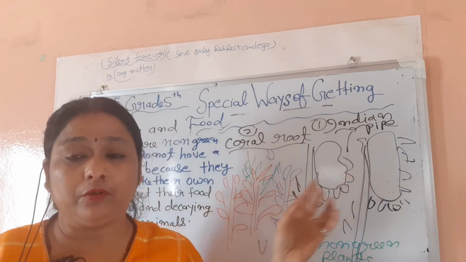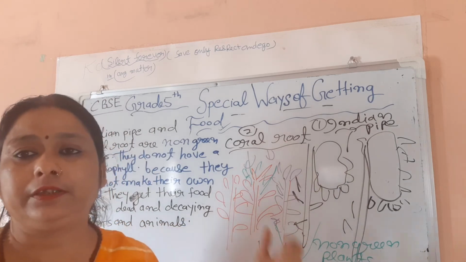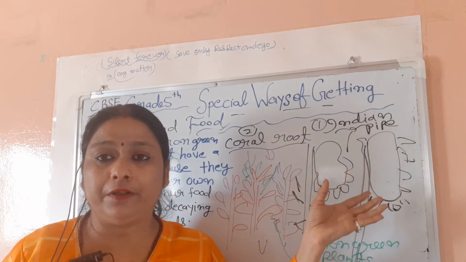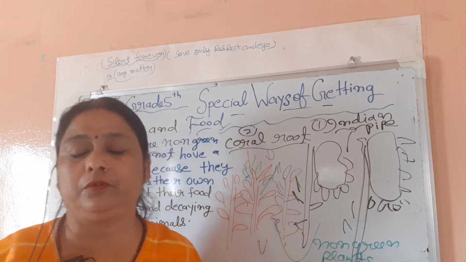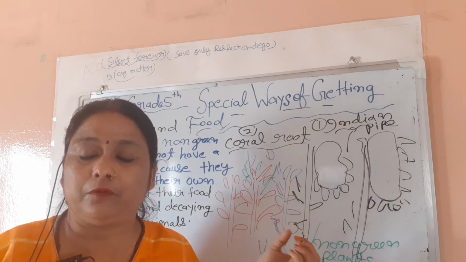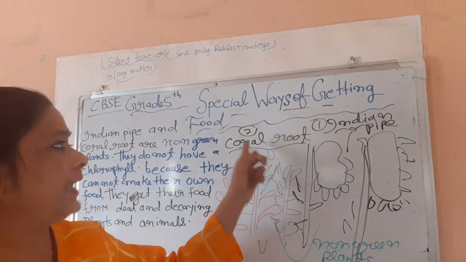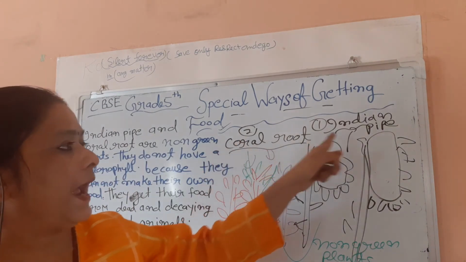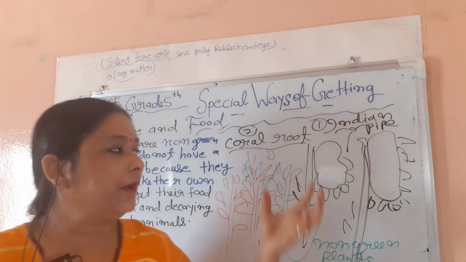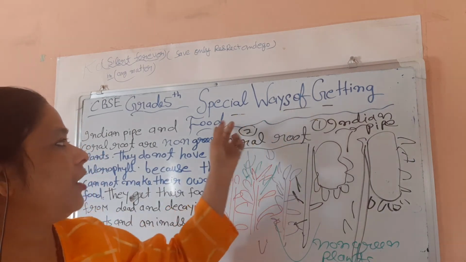Can they make their own food? No, this is not possible. They do not have chlorophyll, so they cannot make their own food. They get their food from dead and decaying plants and animals. So these are the examples, coral root and Indian pipe, both with special ways of getting food.